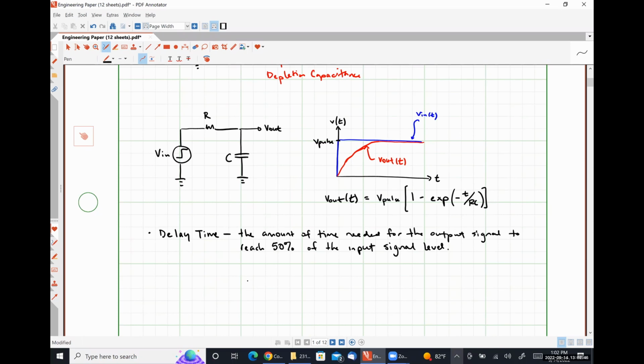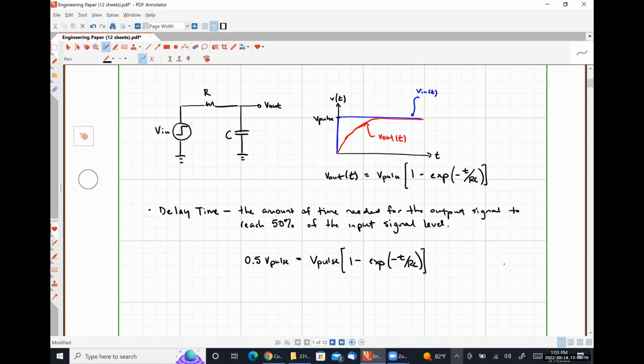mathematically, we could say that 0.5 V pulse, which is 50% of the input signal, would be equal to V pulse times 1 minus exp of negative t over RC. And we can solve this equation or rearrange to find our delay time, which is the time at which this expression is satisfied.